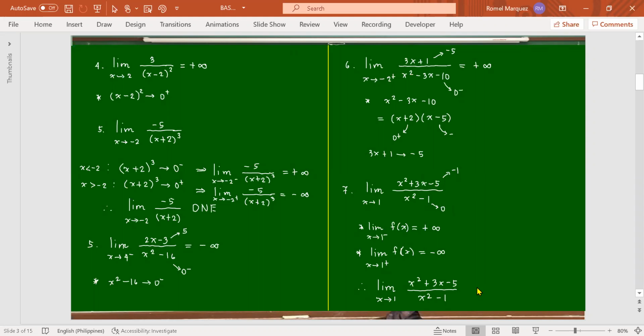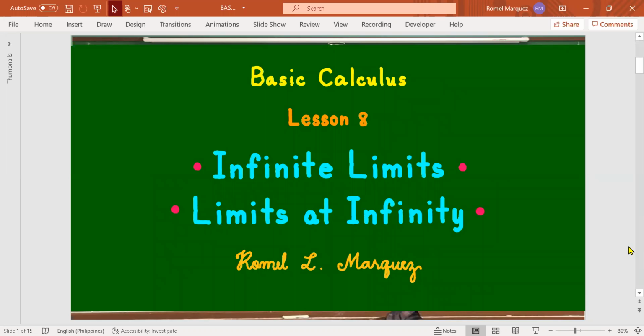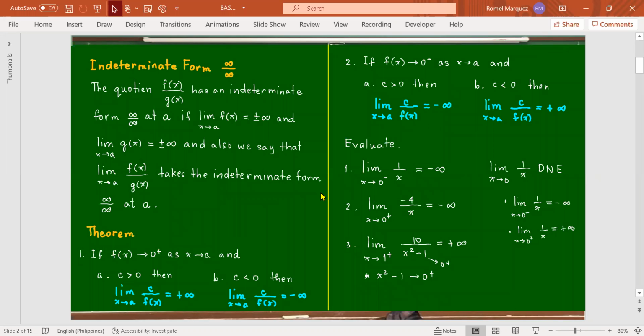Now there is another quotient, where the numerator does not go to 0 but the denominator does. Therefore the limit may be negative infinity or positive infinity, depending on the sign. So you are going to apply this principle. Is that clear?